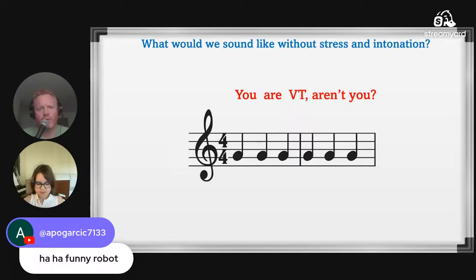Do you know what that means? Rising and falling? Yes, rising when your voice goes up and falling when your voice goes down. Okay, let's see if you can try it with rising intonation. You're VT, aren't you? You are VT, aren't you?